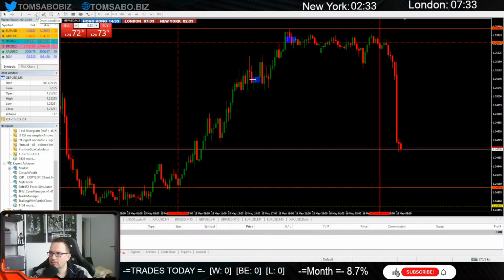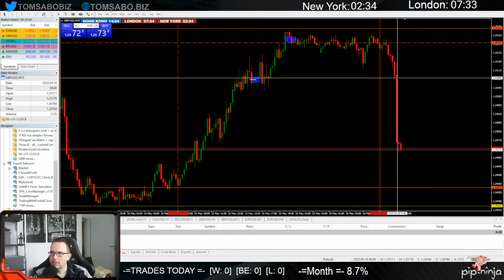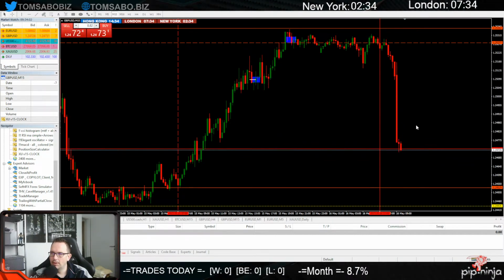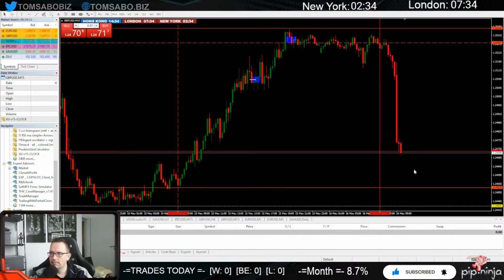Okay. So far nothing. This candle was formed exactly. This is the news candle right here. Still driving down GU. I guess we just have to wait.